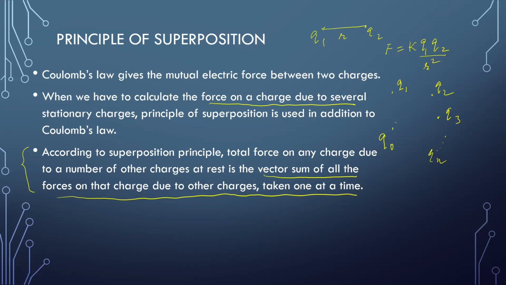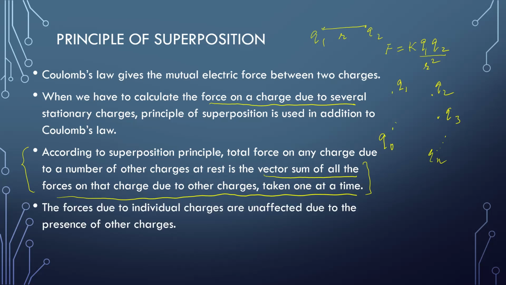So we are taking each charge one by one, and we are finding out the force on the charge Q0 due to Q1 and then due to Q2 and so on. Then we find out the vector sum of all these forces, right? Of all the forces on that particular charge.